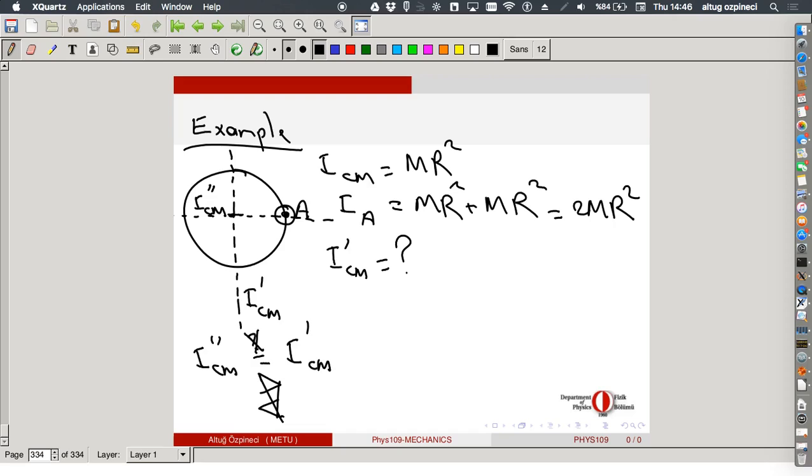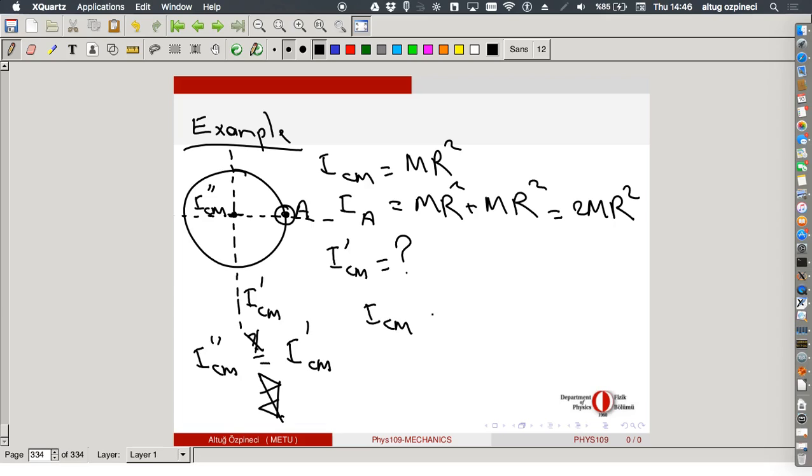Now we can use the perpendicular axis theorem, which told us that I have this point. So I have these two axes passing through this point and at the same time in the plane of my thin object. In that case, the moment of inertia for the perpendicular object, which is nothing but this one, well, this I center of mass is the moment of inertia for rotations around an axis passing through this point perpendicular to the plane of my wheel.